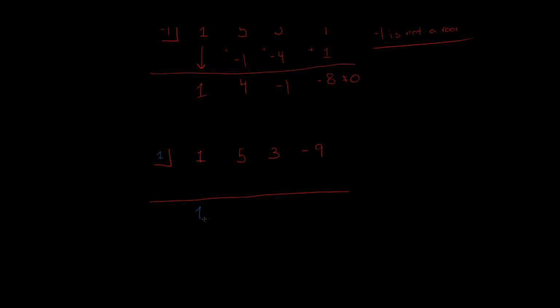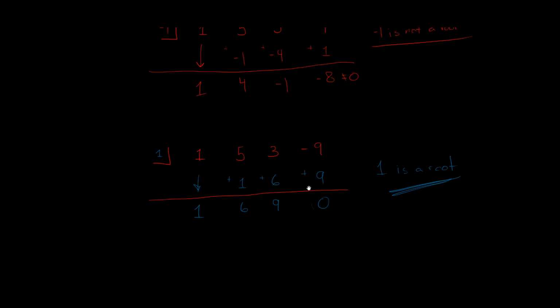We drop the 1. Now 1 times 1 is 1. We add these up, and we get 6. 1 times 6 is 6. We add them up. We get 9. 1 times 9 is 9. Add them up, and we get 0. So since we got a 0 right here, we know that 1 is a root.